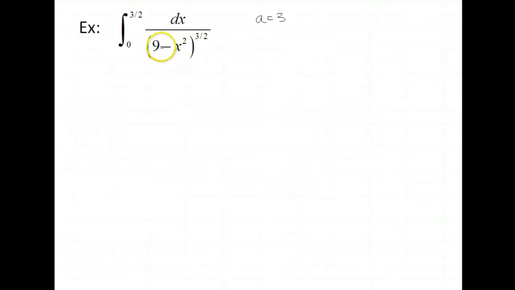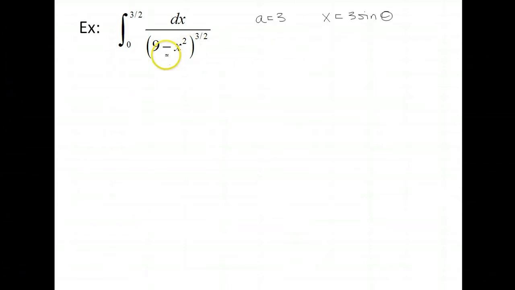In this case, that means we can make the following substitution. We can let x equal a sine theta, and I'm sorry for the little connector on the equal sign. I'll try to improve that as we move along. So we're going to do 3 sine theta.